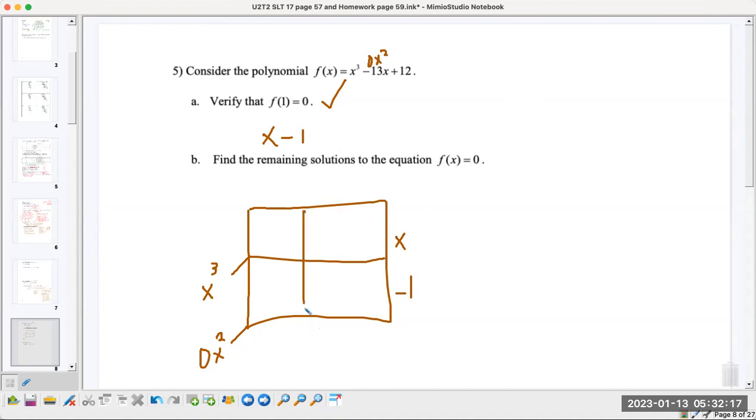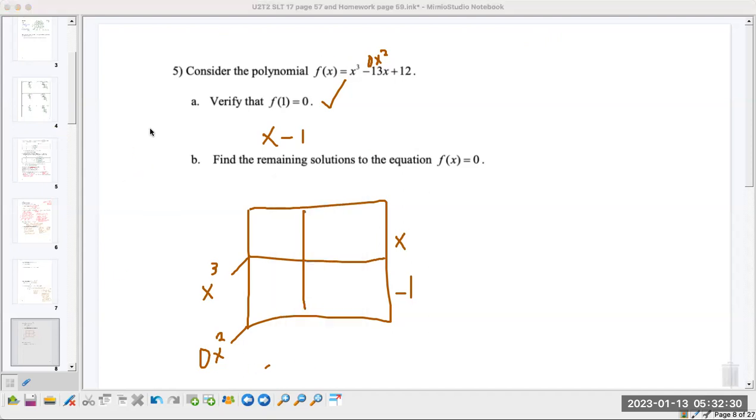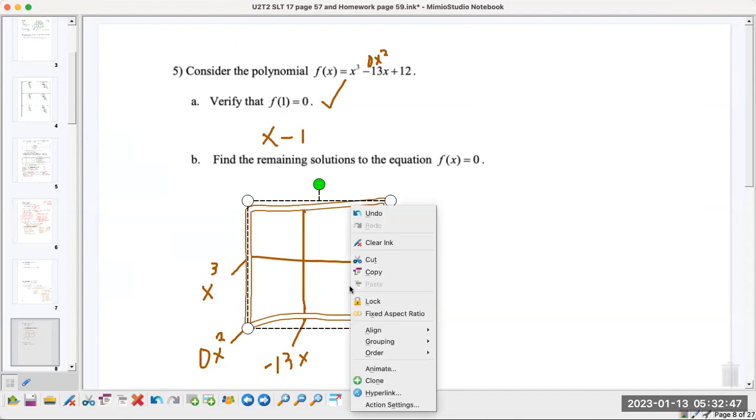Now I'm going to put a column for my tools keep jumping around. Not quite sure what's happening. All right, there we go. So we're going to have now a negative 13x. And then I need one more column for the 12.